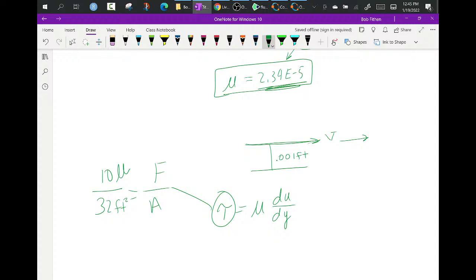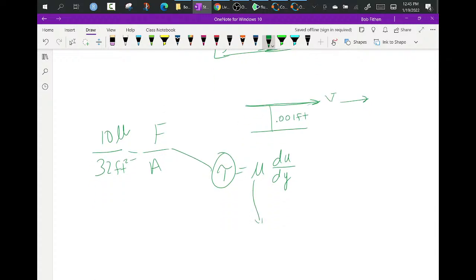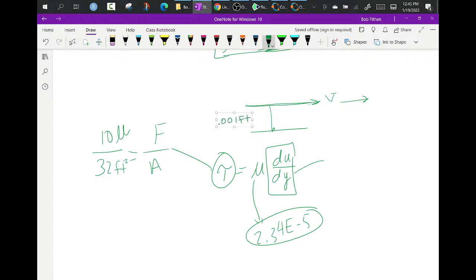My viscosity is 2.34 e to the minus 5, and you can look that up. I've got 5 more minutes to finish this up, but I can go fast because you can look this up or rewind it.